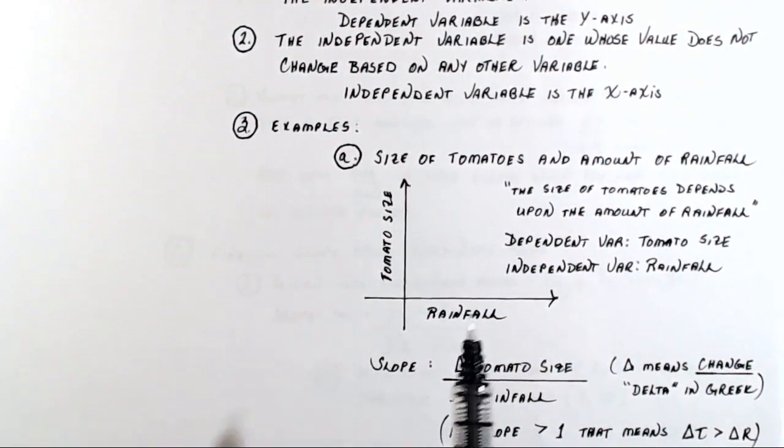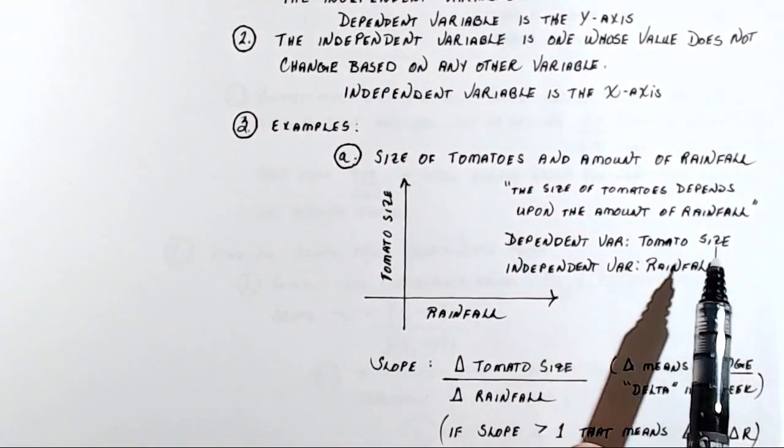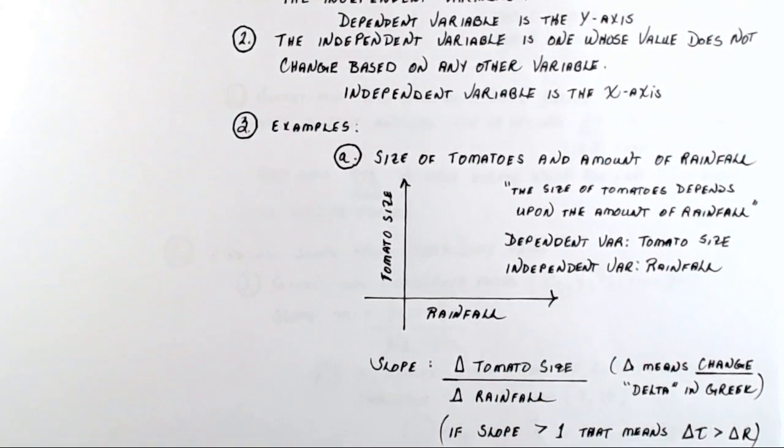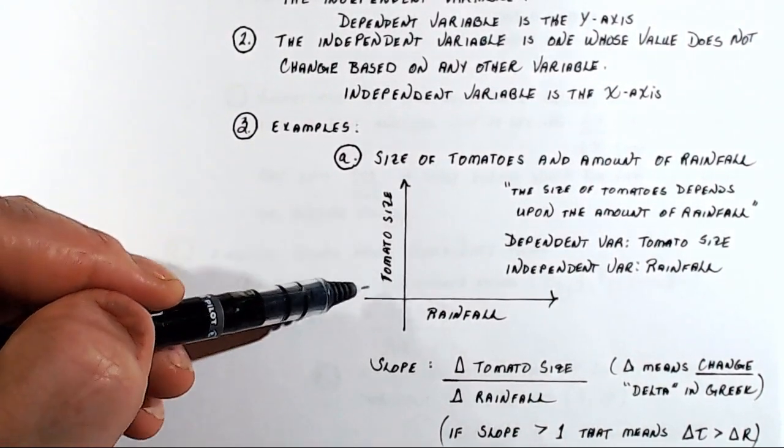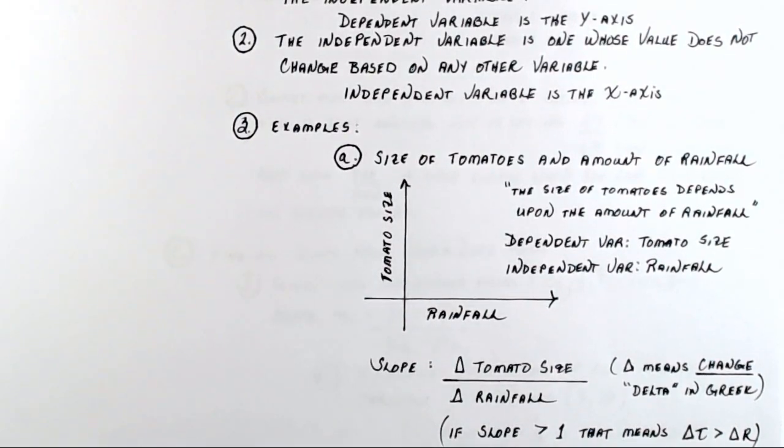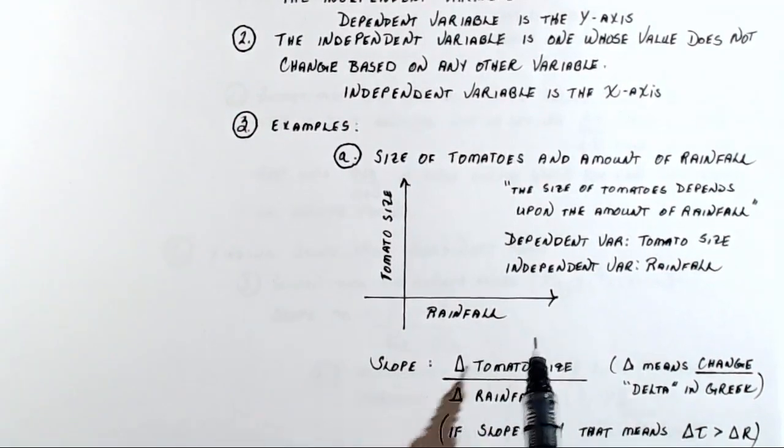The dependent variable is the tomato size because it depends upon the rainfall, and we put that on the y-axis, or the vertical axis. So tomato size depends on rainfall, and the independent variable is rainfall.